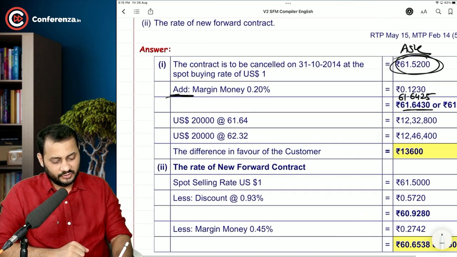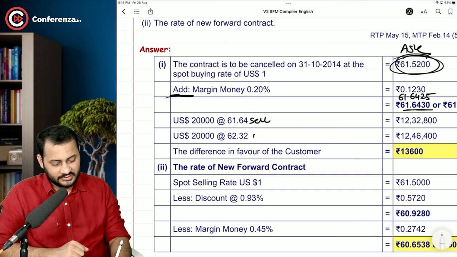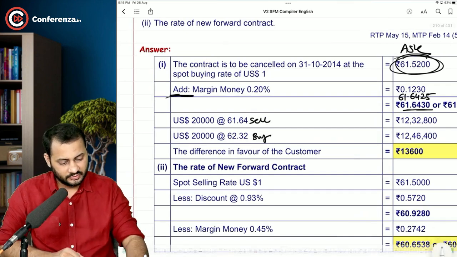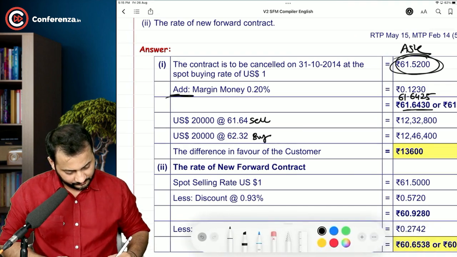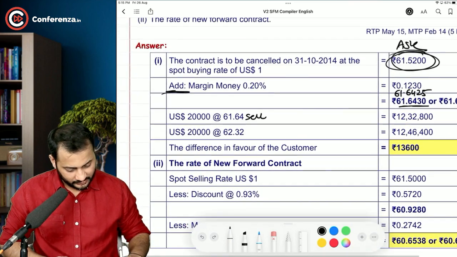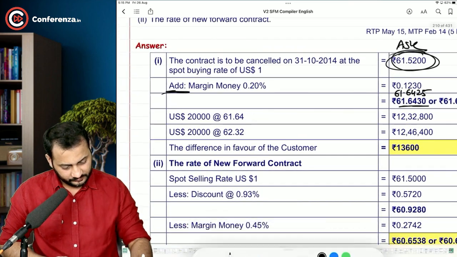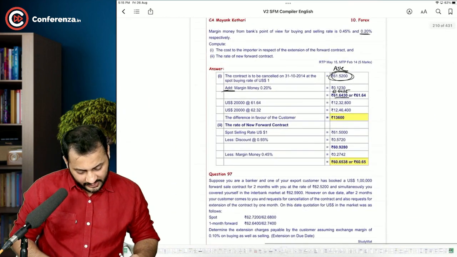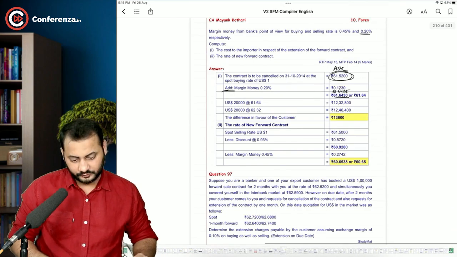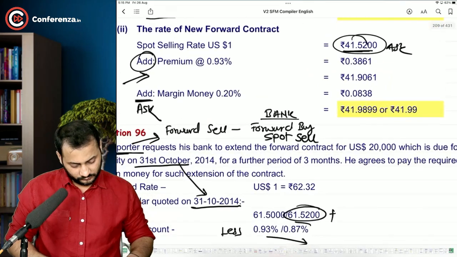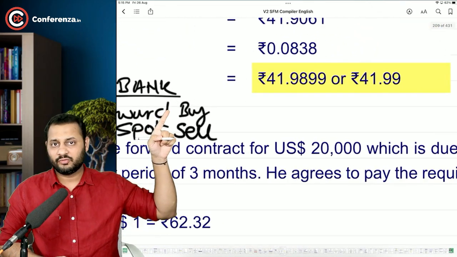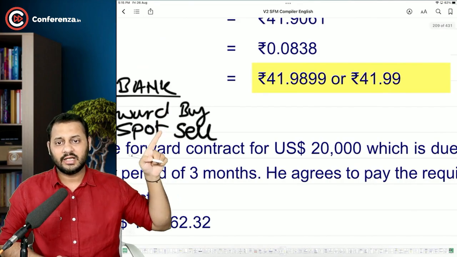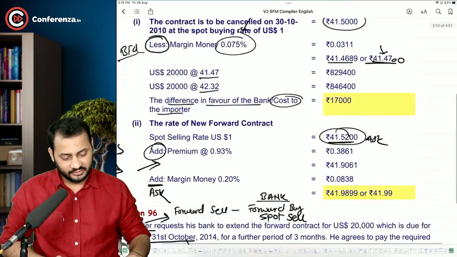Now, this was the bank's selling rate. This is the bank's buying rate. Let me check once again. I think it's opposite. Yeah, that cancellation. Bank is buying at the time of cancellation, right? Bank original contract was bank's buying rate, and then cancellation is selling.